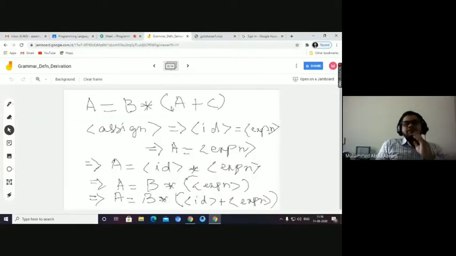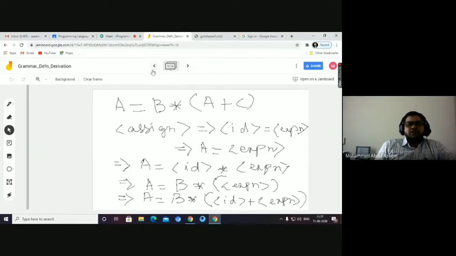Now let us take one statement, and we have tried to derive this statement using the grammar, right? So how we were deriving: we start with assign derives to be ID equal to expression. Then in place of ID I have taken A, equal to expression, and now expression is expanded with the definition of ID into expression.